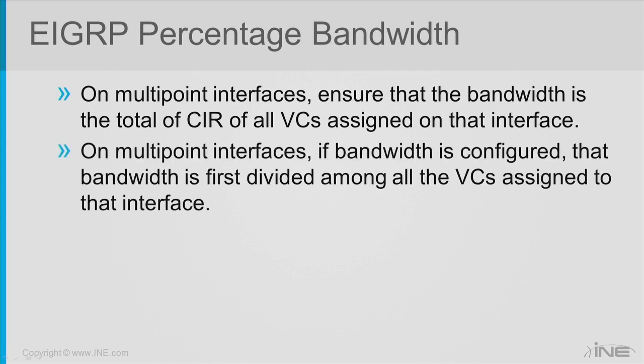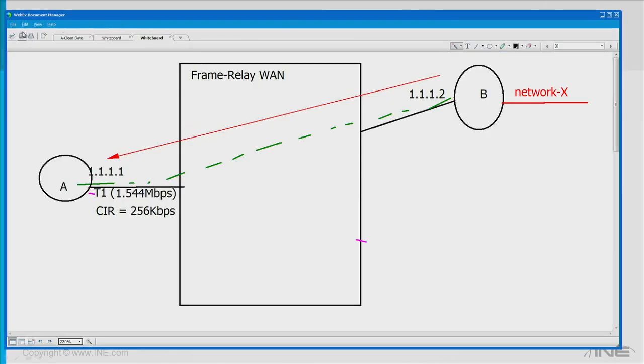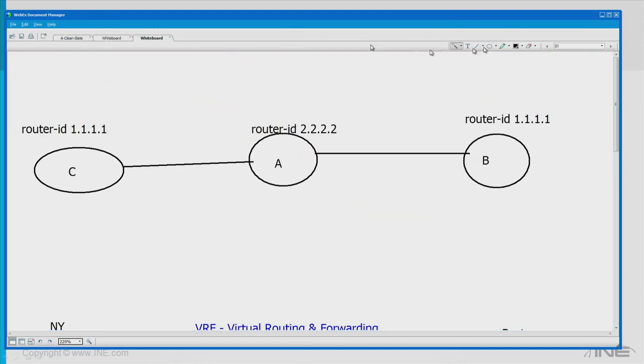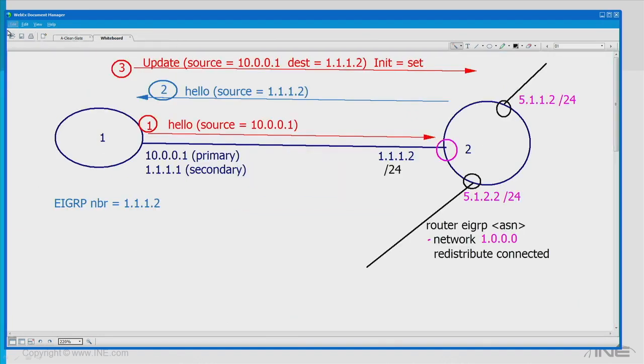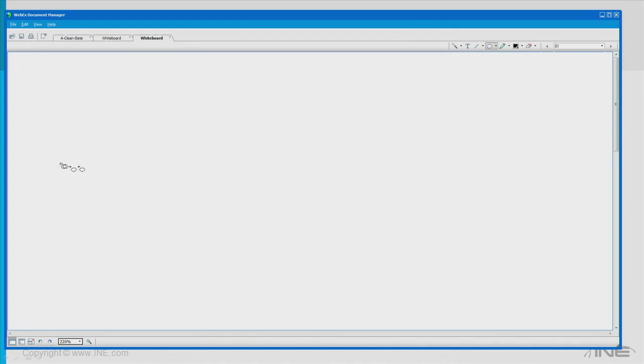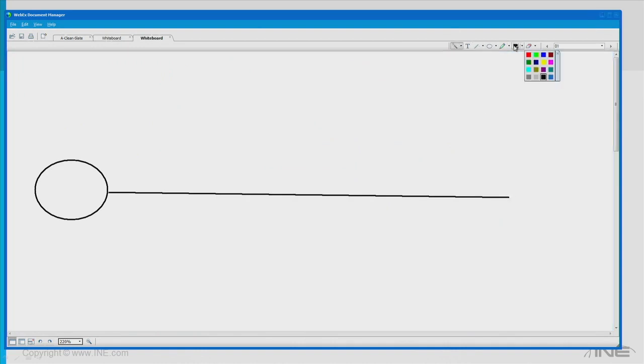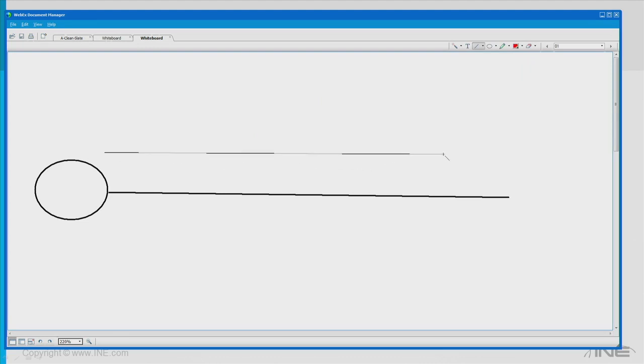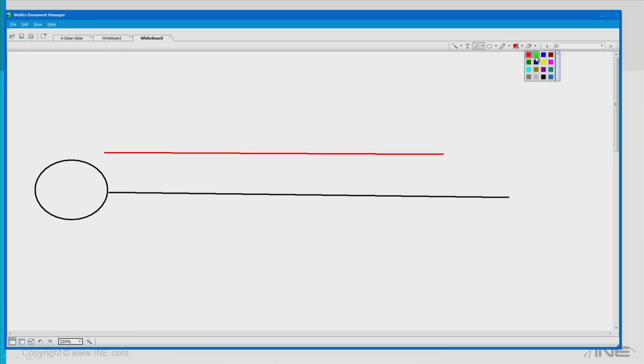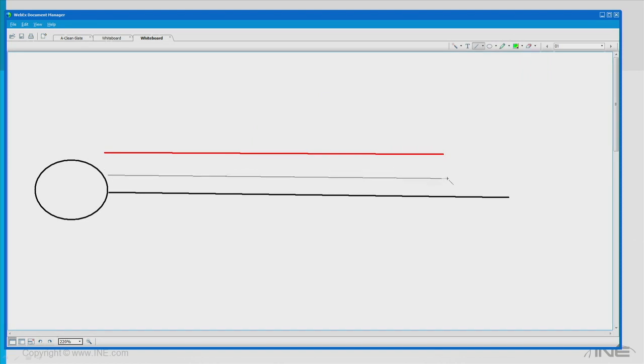And then how does EIGRP treat that? Well, for example, if I have this router right here, and he's got one physical interface, but that physical interface has, let's say, 4 PVCs. Here's one, the red one. Here's another one, the green one.